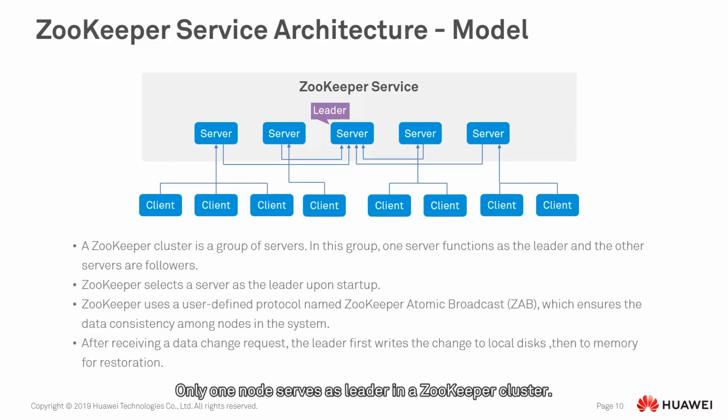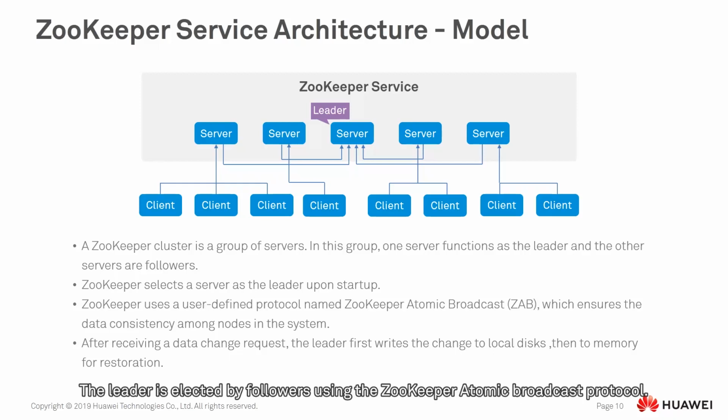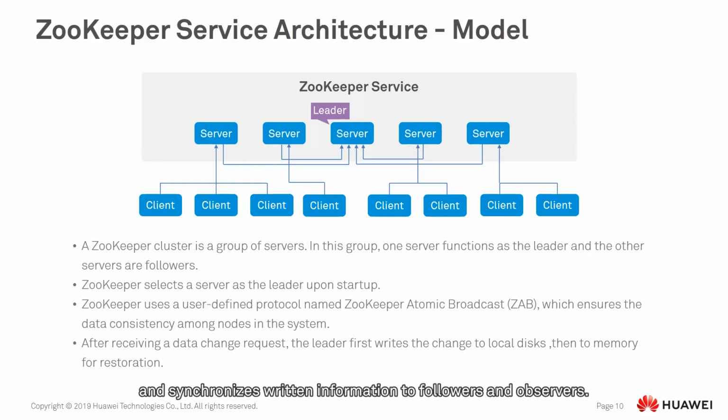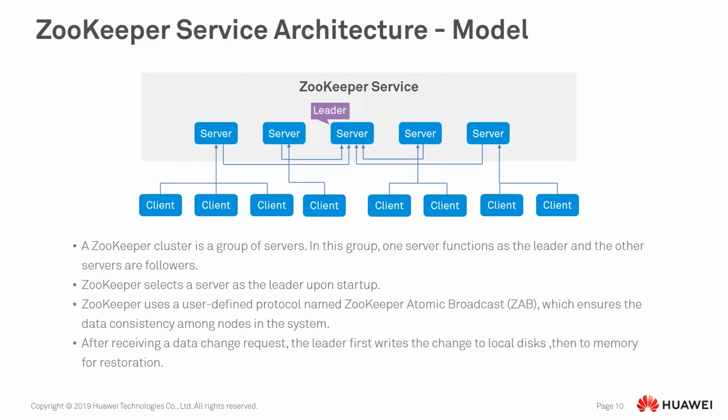Only one node serves as the leader in a ZooKeeper cluster. The leader is elected by followers using the ZooKeeper Atomic Broadcast Protocol. It's used to receive and coordinate all write requests and synchronizes written information to followers and observers.